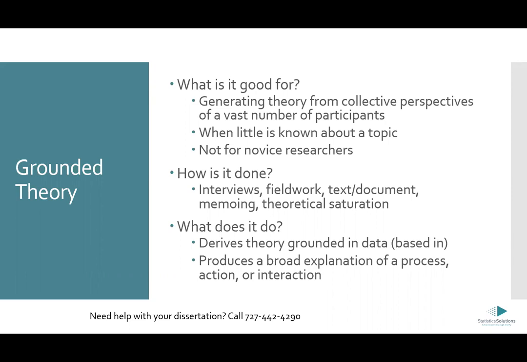You need to have motive, opportunity, and these different features. But there may be things out there in your fields or things that you're exploring that you feel there is not a clear conceptual model or theory to explain that particular phenomenon or process or activity. So if that is true for you, then this may be a good option.